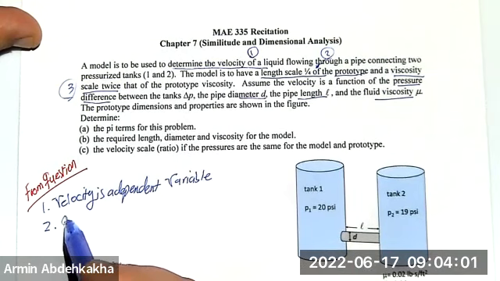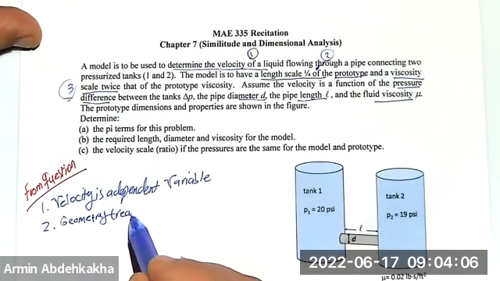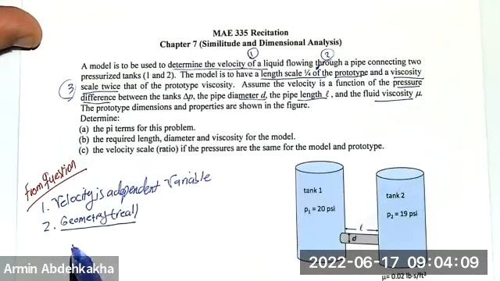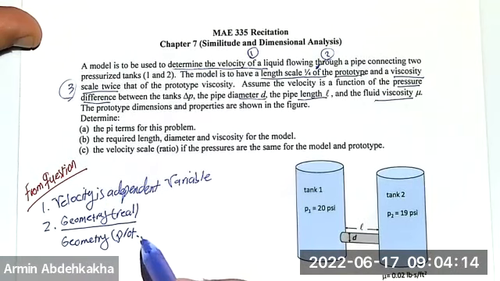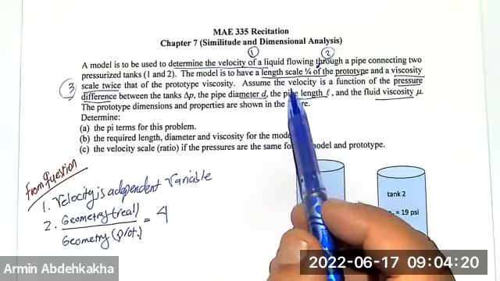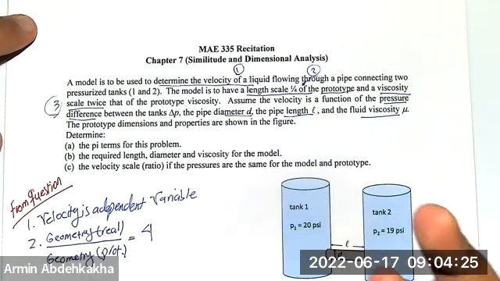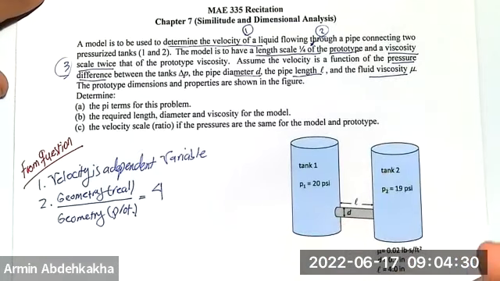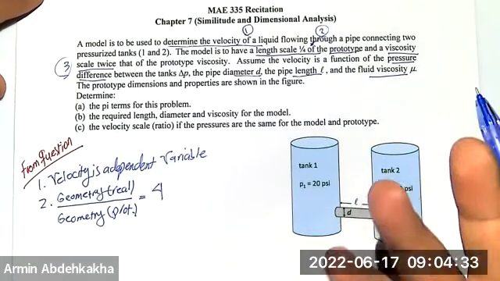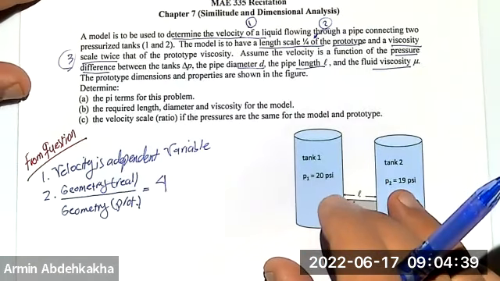Second, the geometry of the model over the geometry of the prototype is 4. Why? Because it's mentioned here, the length scale is 1/4 of the prototype. Absolutely, the prototype is not going to be longer than the real one, but it also mentioned that it's 1/4 for the length scale of the prototype. So it means that the geometry of the real case is 4 times the prototype.